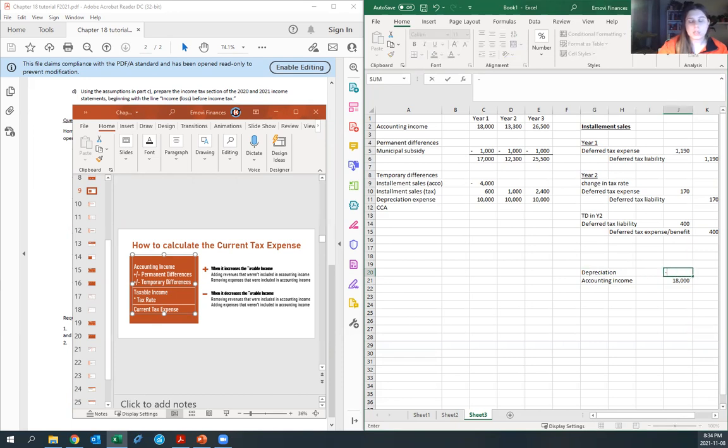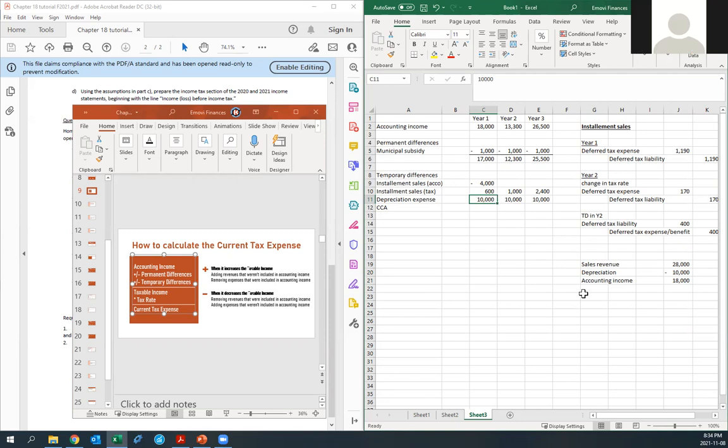And what you did in your income statement, you put it as an expense for $10,000. And then let's say here you had nothing else, so you had sales revenue of $28,000. So if your depreciation was your only expense, that's the only thing that reduced your accounting income, right? So because it reduced your accounting income, you want to put it as a positive here to cancel its effect on the accounting income.